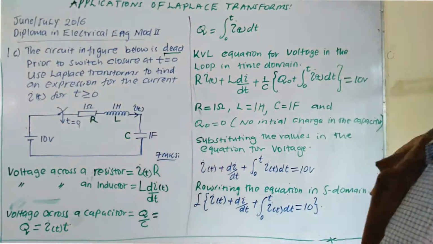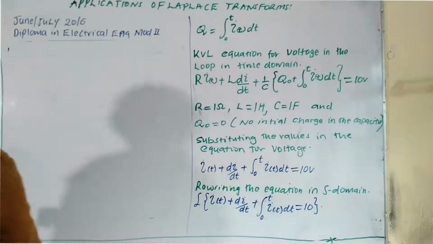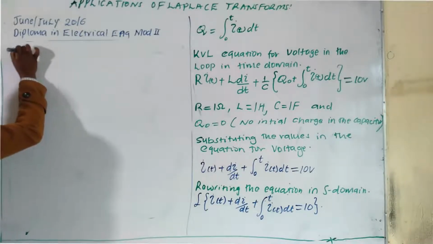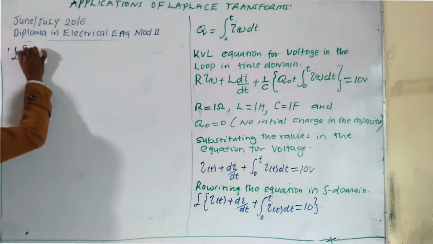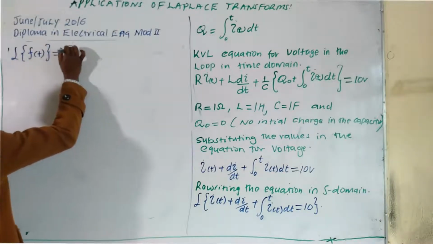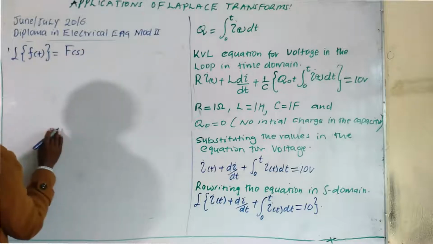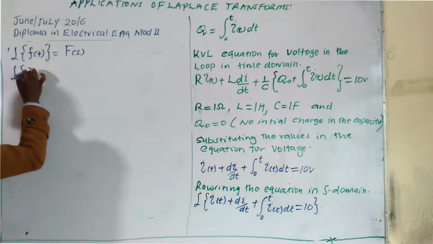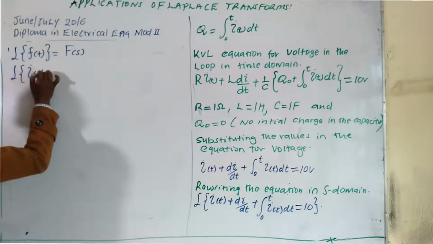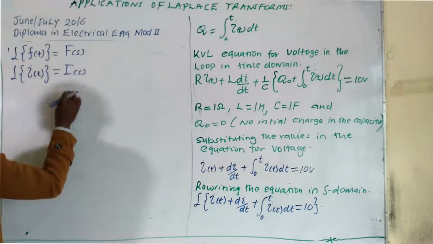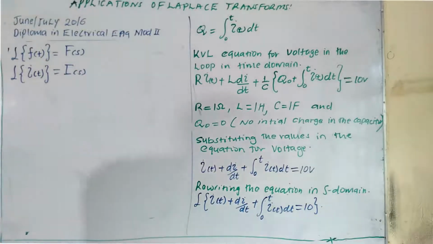Let us get that Laplace transform. If you get the Laplace transform of a function of t, this will be a function of s, or F of s. Similarly, the Laplace transform of I of t will be equal to I of s, another function of s.